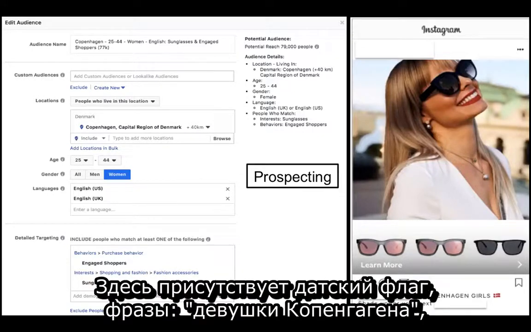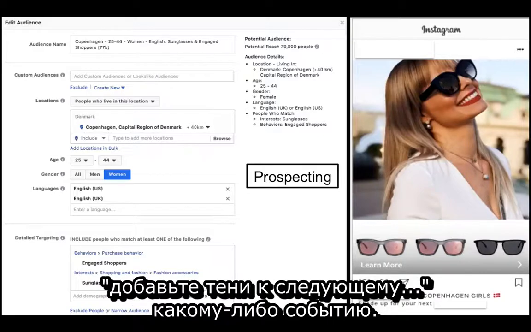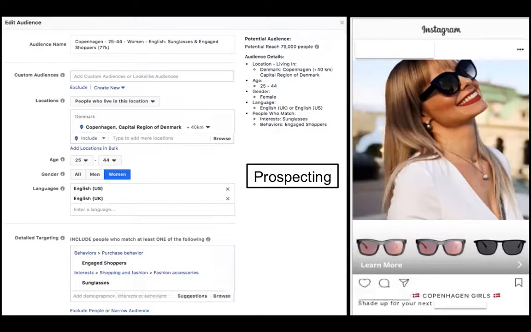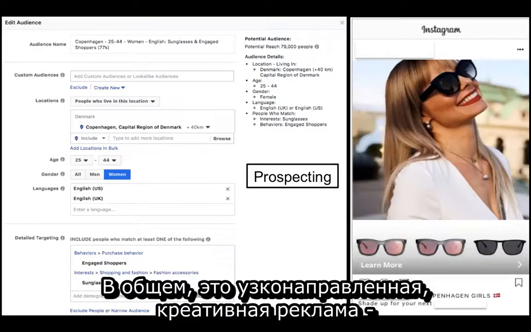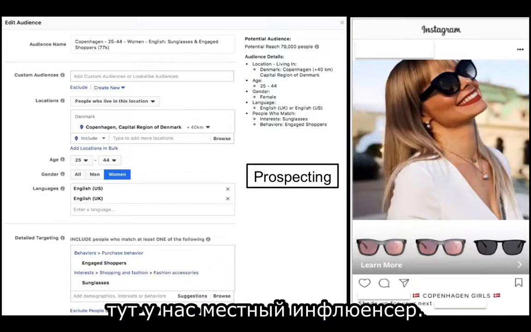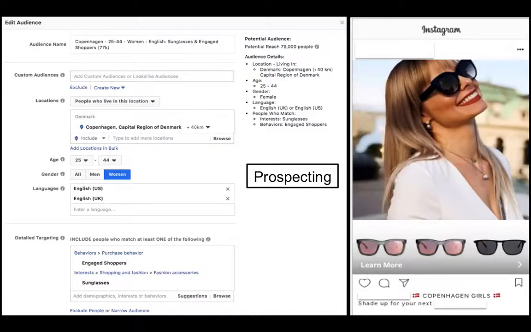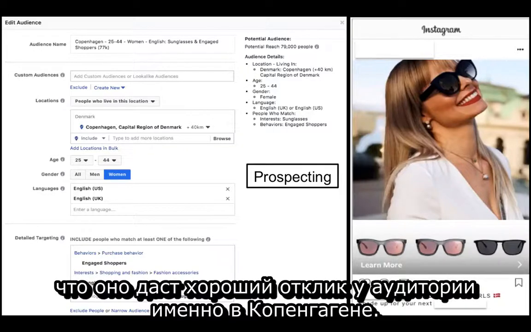Okay, so on the right you see the Danish flag and also Copenhagen girls, shade up for your next whatever event. Okay, so it's very specific. And the creative is actually a Danish influencer, and we use this one because we know that this picture resonates very nicely with the audience here in Copenhagen.